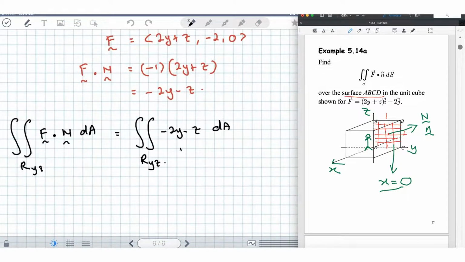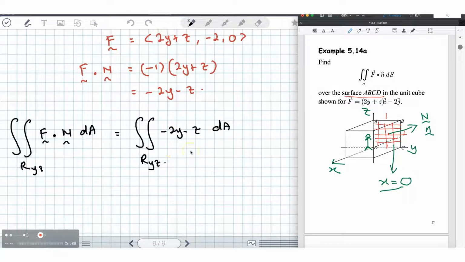So now we managed to convert from a surface integral into the standard double integral. Remember I mentioned before the surface integral is the generalized form of the double integral. So after you apply some process finding the n, you can obtain the specific double integral like this.